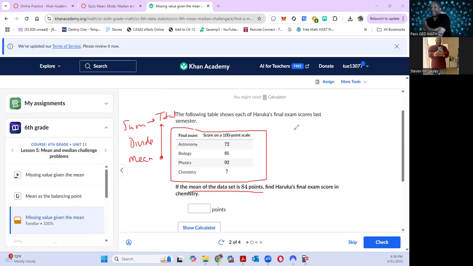Okay. So I want you to think about it. Remember, we're trying to find the mean. We add them up, find a total, we divide by how many there are, and we got our mean. We already have our mean, and now we got to go the opposite direction. If we have our mean and we got to multiply, what two numbers are we multiplying?